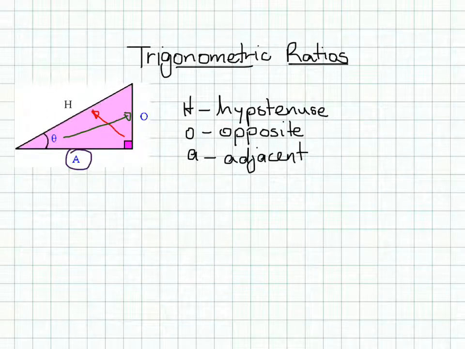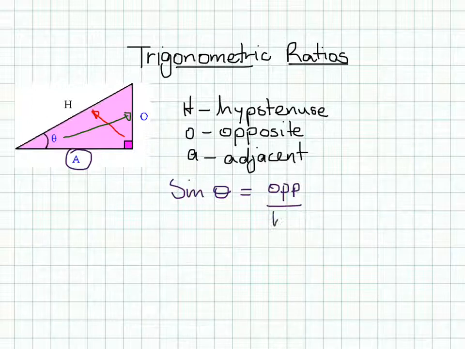Our trig ratios state that for sine theta, some people call it sin, but it's sine, and theta is just an angle, okay? Just an angle. There's a representation for an angle in maths. So sine theta is the opposite side divided by the hypotenuse side.